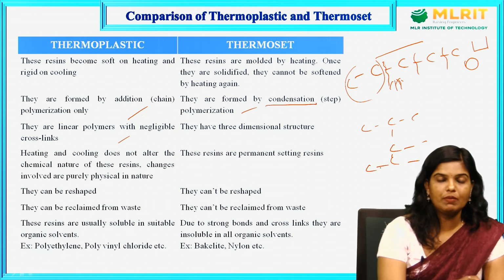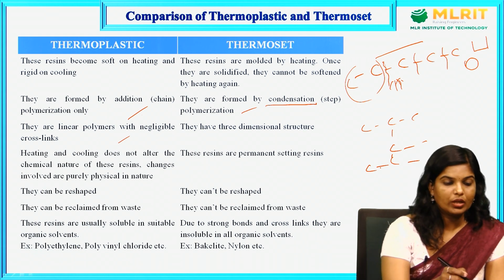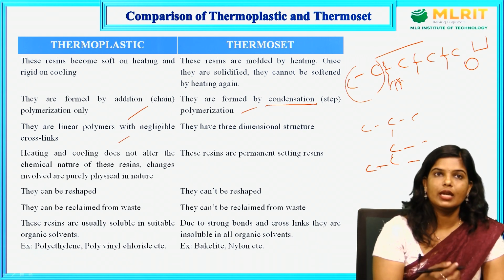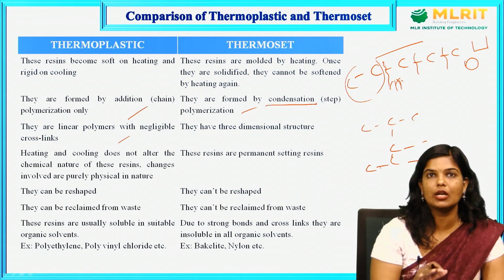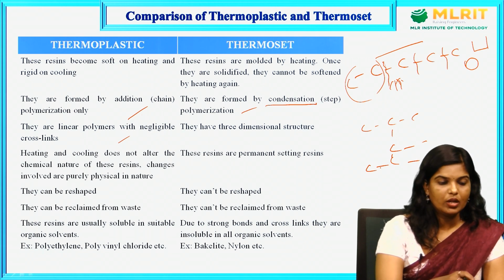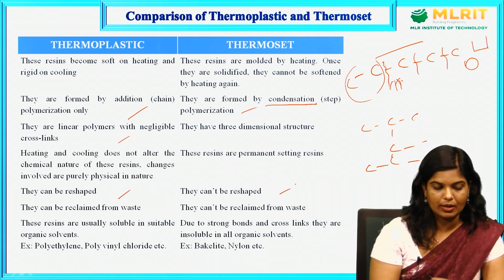So one will be a complete linear chain, the other one, thermoset, will be a 3D structure. In thermosetting, whether we heat or cool, the chemical nature will not change. But in thermosets, once it is heated, it is permanently set, so we cannot set the resins again and again. Thermoplastic can be remolded and reshaped, but thermoset cannot be reshaped.